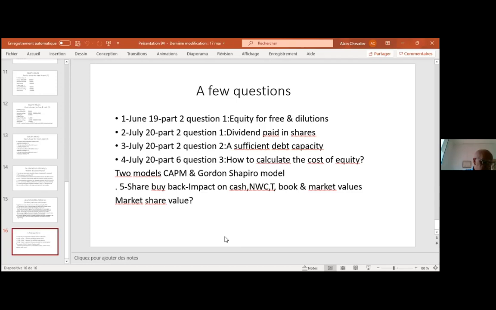Then I chose to concentrate on equity issues. There are different consequences in terms of calculations, equity issues for free, equity issues for cash. The signal effect also, the undervaluation, which is generally measured through empirical analysis, because we ignore the consequences of good investment in terms of the present value of future cash flows.